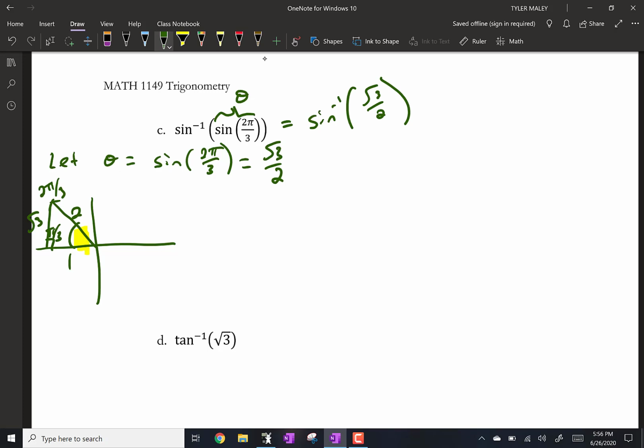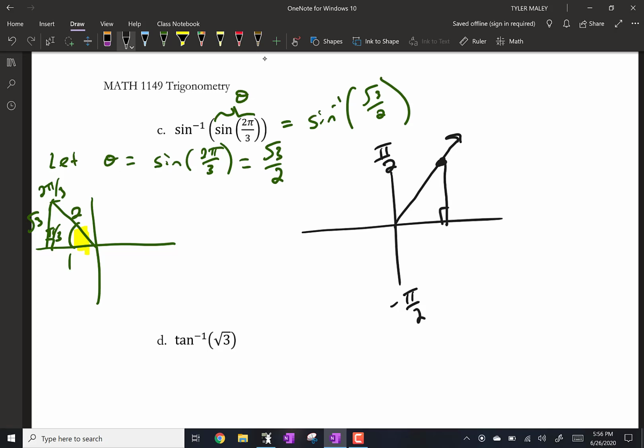So remember, for inverse sine, we're stuck in between -π/2 and π/2. So I want to get a y-coordinate for radical 3/2. Essentially, this triangle here is going to be just flipped over into the first quadrant.